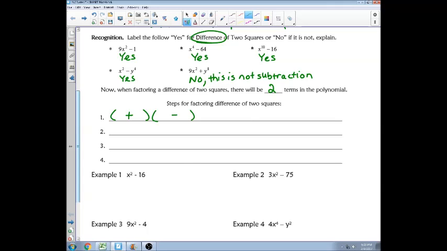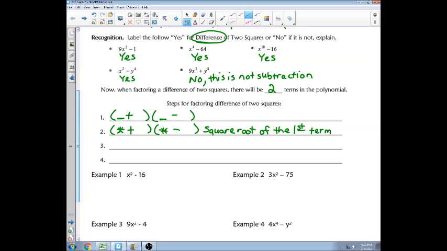Then, to fill in the first blanks right here. So I have two sets of parentheses. I have a positive and a negative. I'm going to fill in this blank and this blank by taking the square root of the first term, or what we like to call the A term.